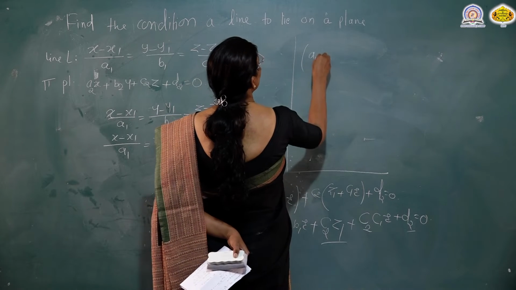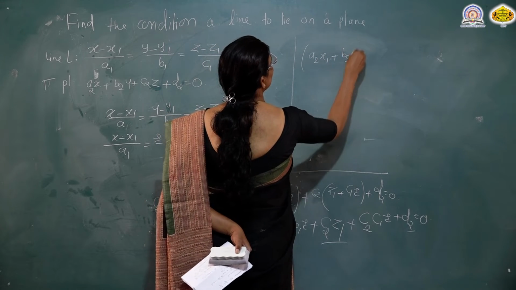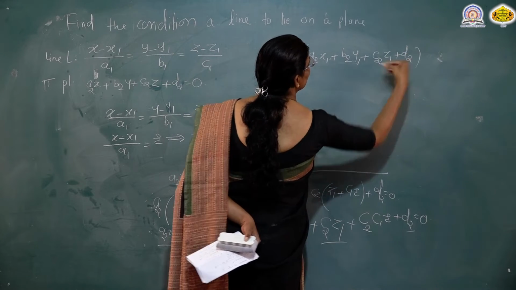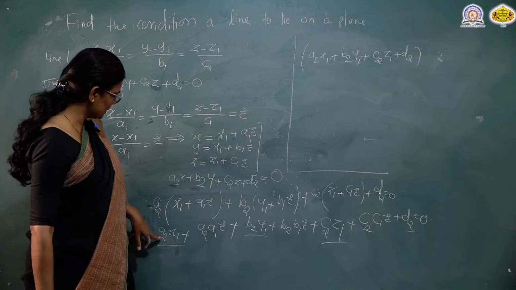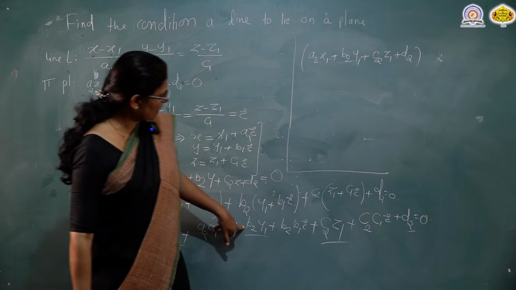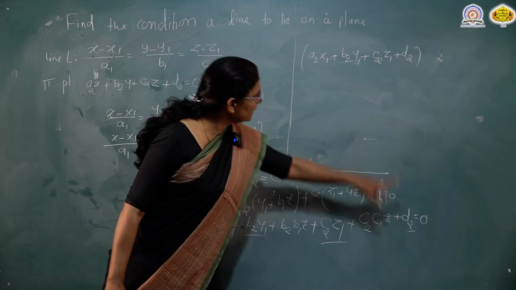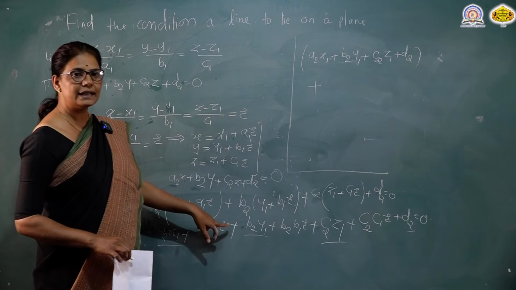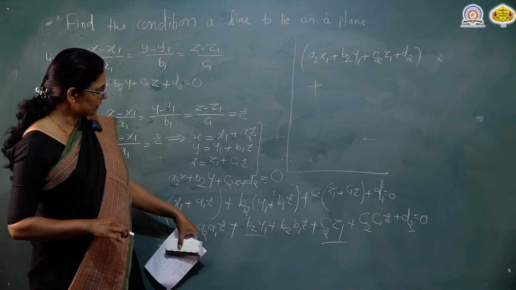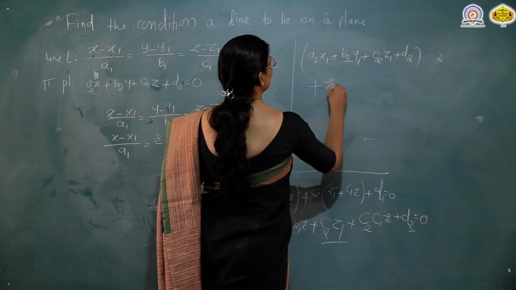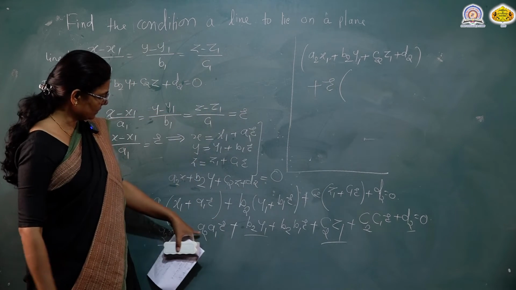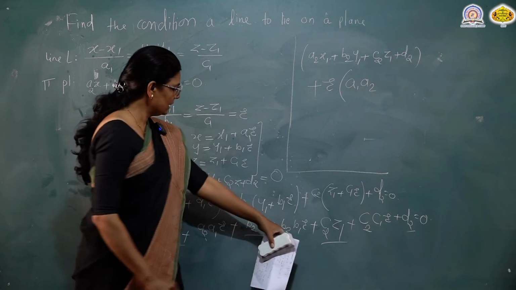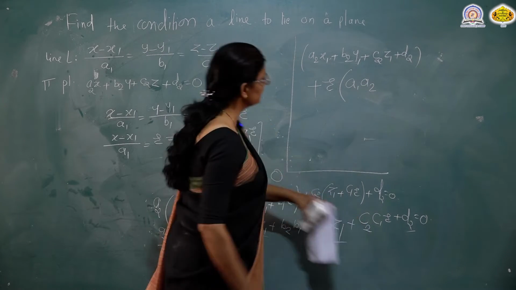So that is a2x1, b2y1, c2z1 plus d2, in one bracket, plus the remaining terms that contain R. Take R as common and write the other terms in a bracket. So from the remaining terms we take R common. The remaining terms are a1a2, next term is b1b2, next term is c1c2.